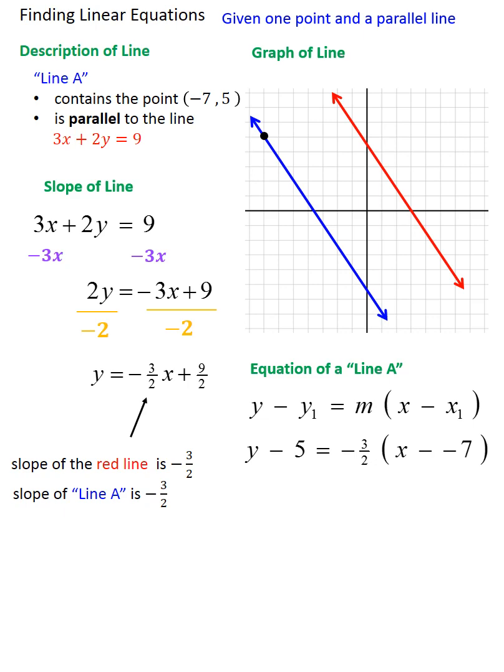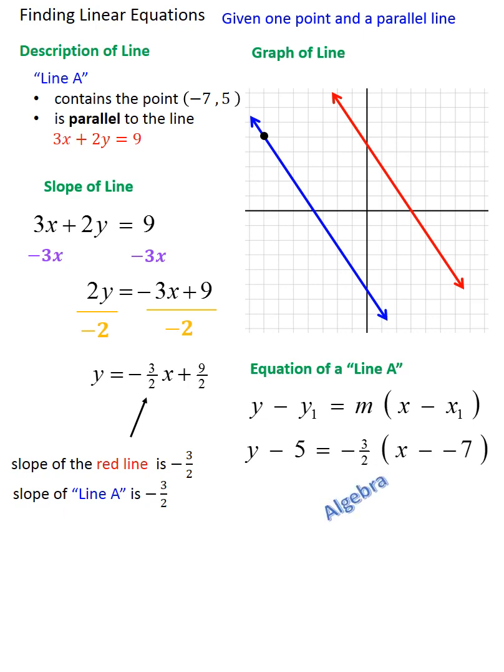Now, if this problem didn't specify what format the answer were to be in, if it just said, find the equation of line A, I'm done. I have no other work to do. But it's unlikely that that will be the problem posed to you, because the tradition is, if you're asked for the equation of a line, you're going to be asked for it in a certain format.